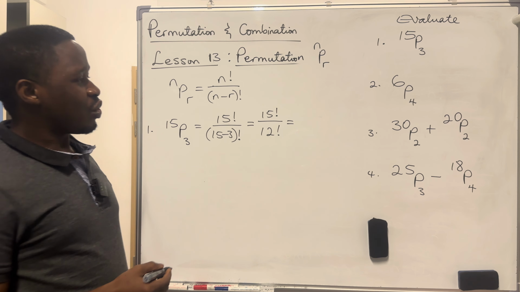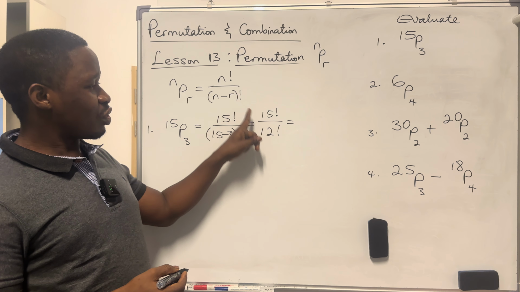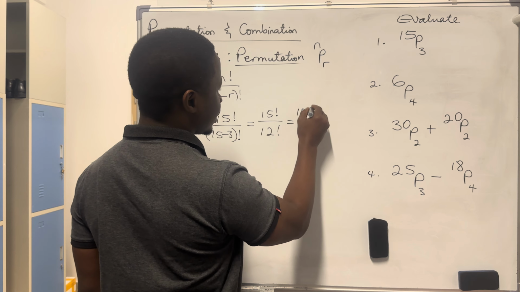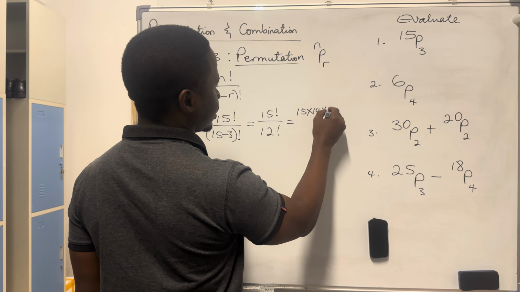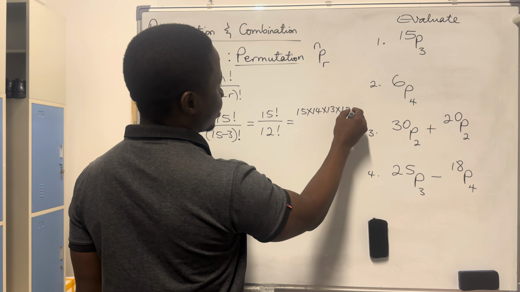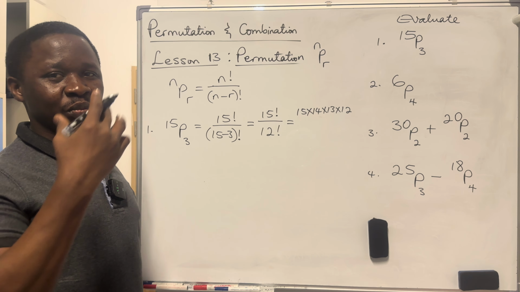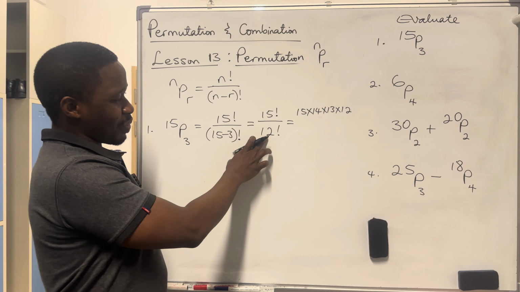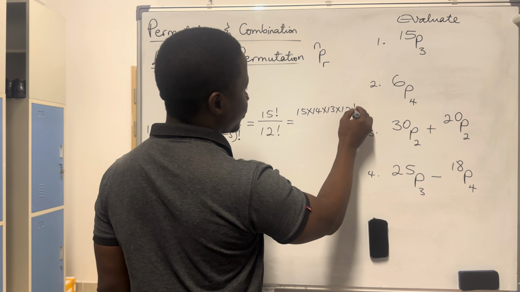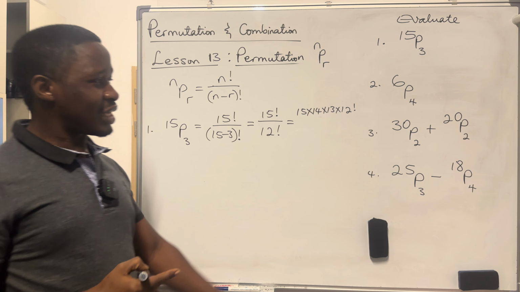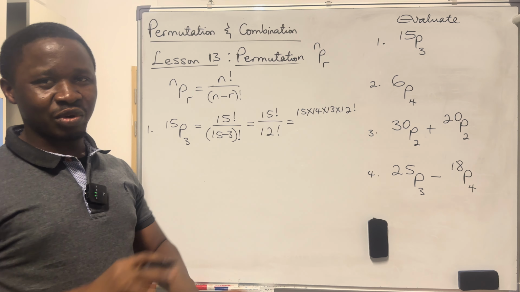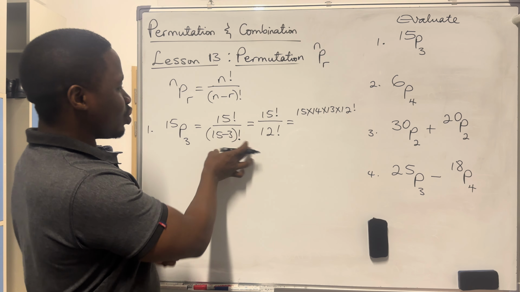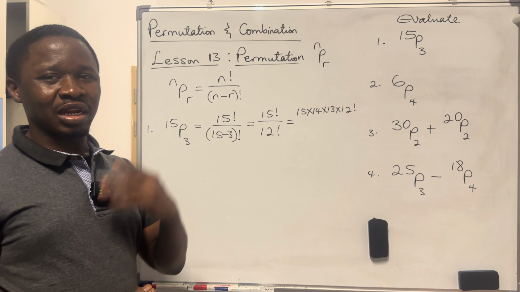We expand the one at the top until we see this. 15 factorial is 15 times 14 times 13 times 12. We have the right to stop anywhere, but because of the nature of the problem, we stop at 12 and indicate the factorial. If you forget to indicate the factorial, automatically you are wrong. Marks will be awarded for the steps you've covered, but you'll not get a complete mark.